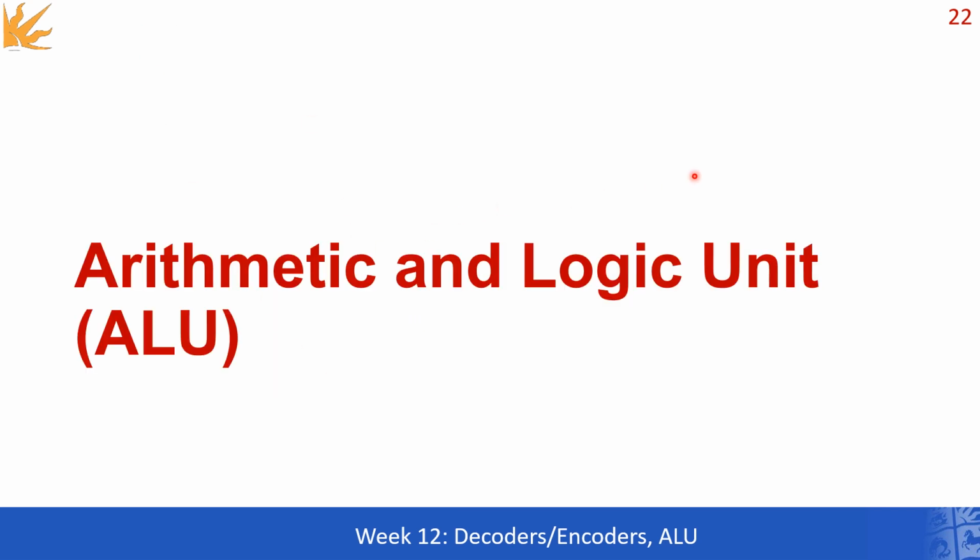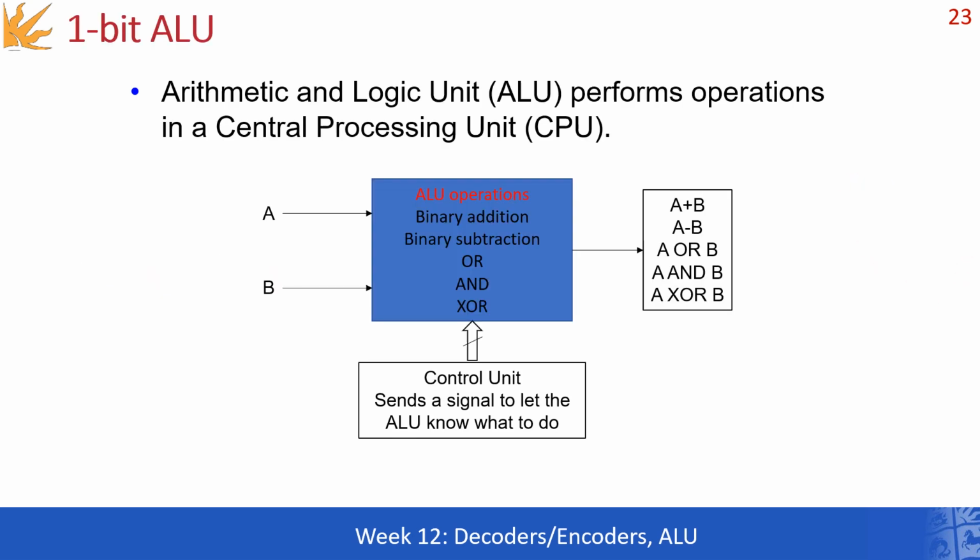Finally, we've reached the arithmetic and logic unit. This is going to be brief. This is wrapping up everything together from what you've seen in the previous lectures. You have the arithmetic and logic unit here that can perform several operations. You've seen them here: binary addition, binary subtraction, ORing, ANDing, or XORing.